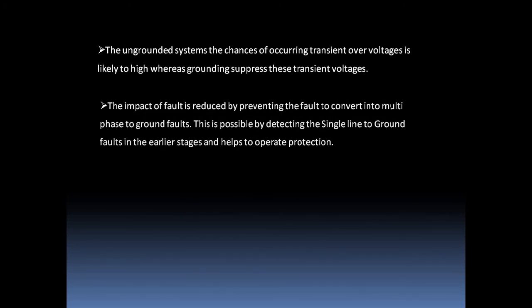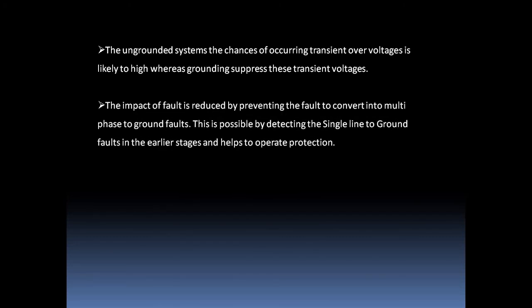When you are connecting the generator to other devices, we have to operate some switches. Whenever there is a switching operation, switching surges take place. Those switching surges can be diverted to the ground if you are providing the grounding. For large generators, not only switching surges, but lightning surges and transient voltages can be suppressed to the ground if you are providing the grounding. That is another big advantage of grounding.